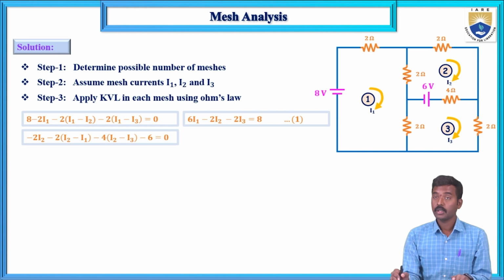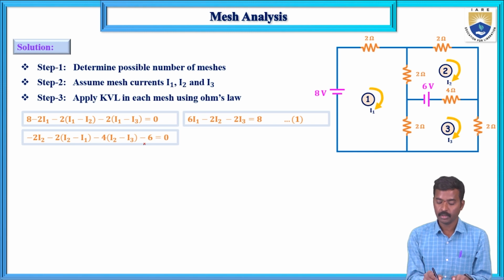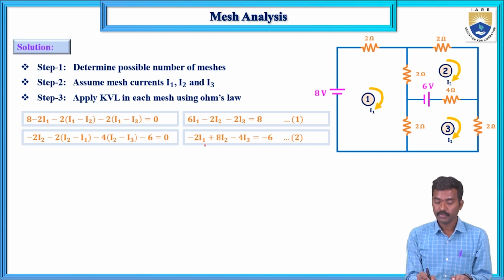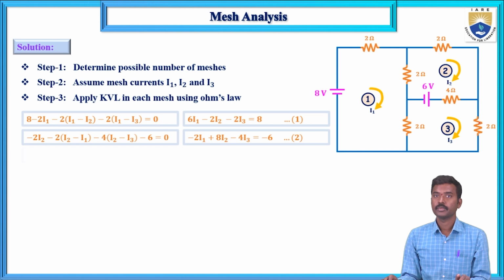So this is a rising voltage of 6 volts, but in reverse direction, minus to plus, so you can take minus, equals 0. Minus 2 I1, next 2 plus 2 plus 4, 8 I2, next minus 4 I3 is equal to minus 6.